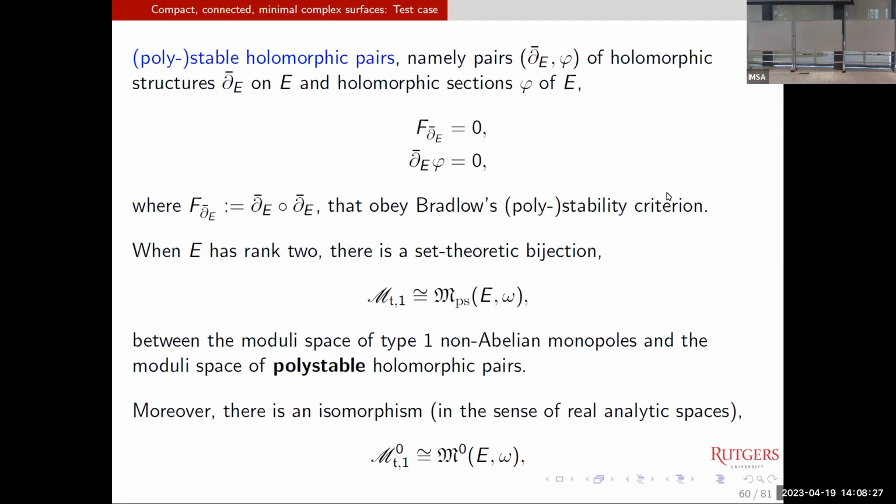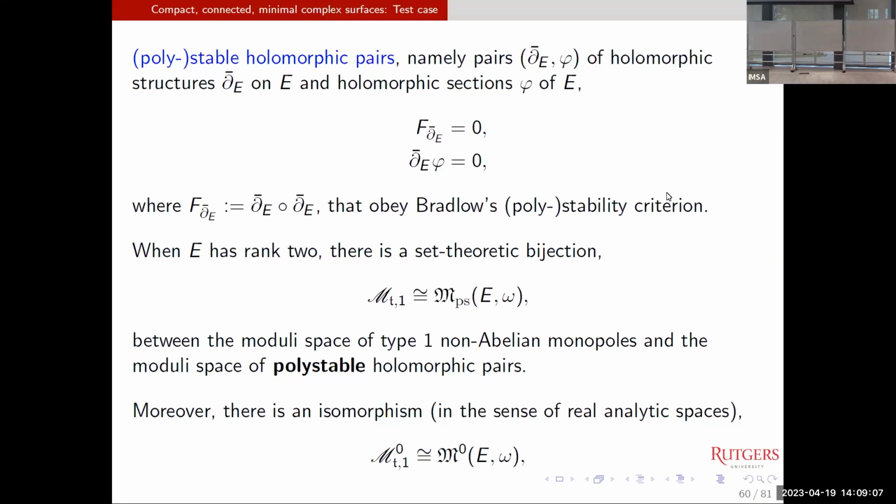When E is a rank 2 bundle, which is what we need for the manifolds, we have at least a set-theoretic bijection between type 1 non-abelian manifolds and these so-called polystable pairs. Now, if you remember from the Morse-theoretic picture, which I put up on the slide a few times, we're only interested in looking at critical points where the section is 0.